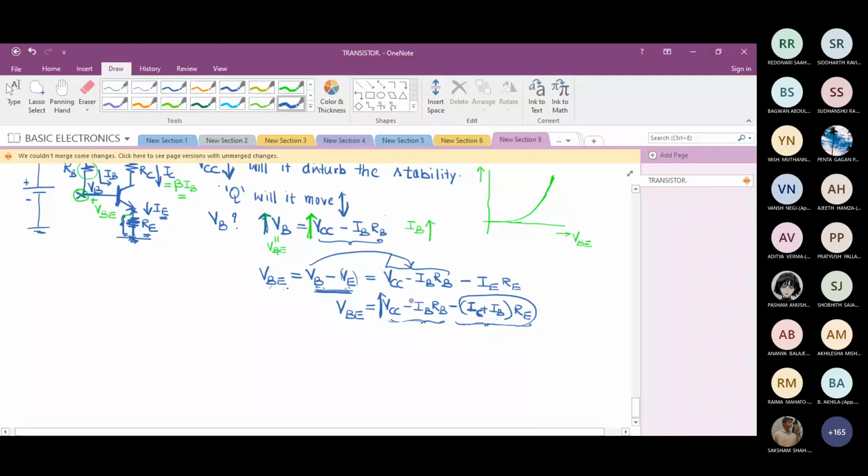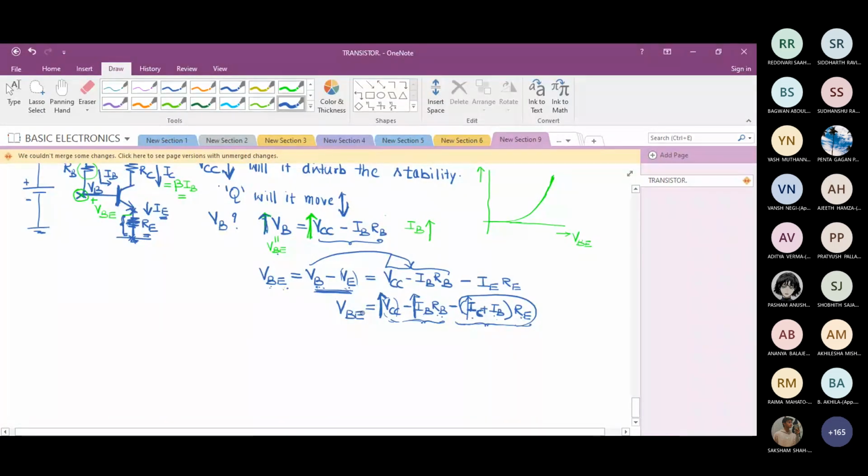The reason is, if VCC increases, current IB increases. IC also increases. Do you agree with this? So if I subtract from VCC the current IBRB, where IB is the current component and the voltage drop is IBRB, and again if I subtract IC plus IB into RE, this variation in VCC is getting absorbed because I'm subtracting this extra variation.